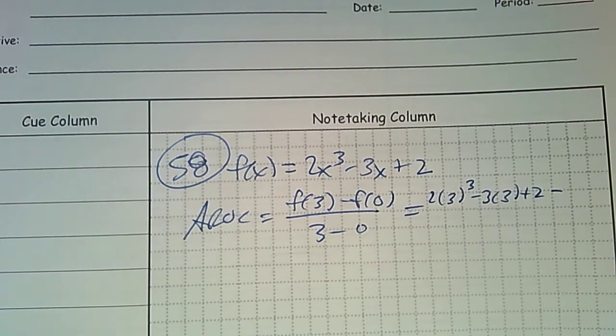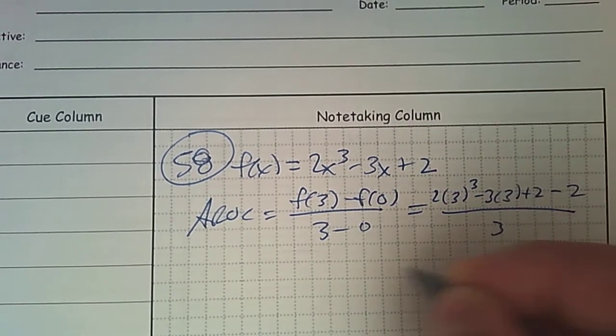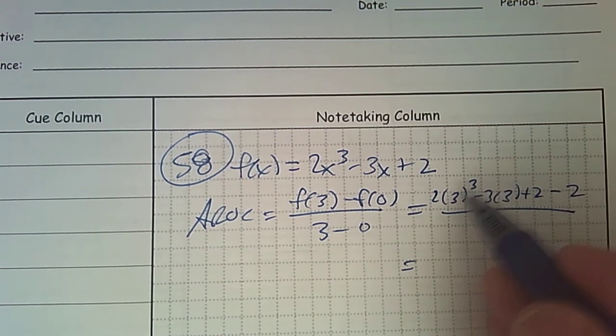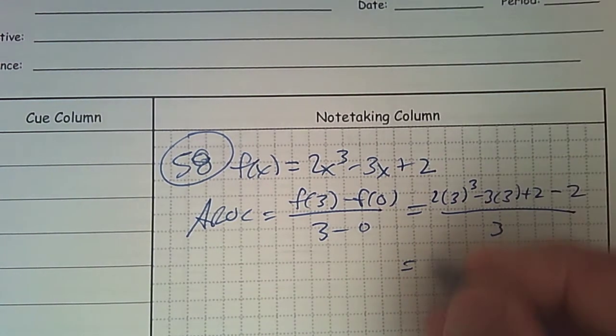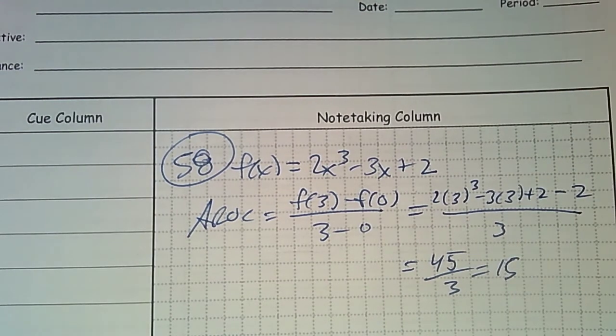Now, the good news is when you plug in 0, the answer is 2. Notice 2 take away 2, so this is 27 times 2, 54, take away 9, 45. And then 45 divided by 3, the average rate of change is 15. So on average, it's increasing by 15.